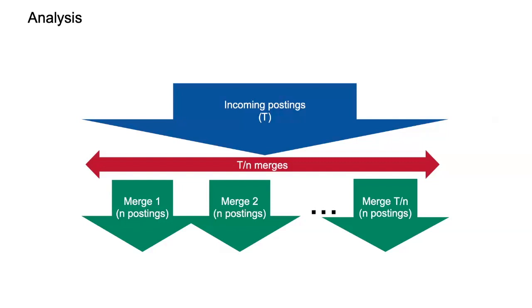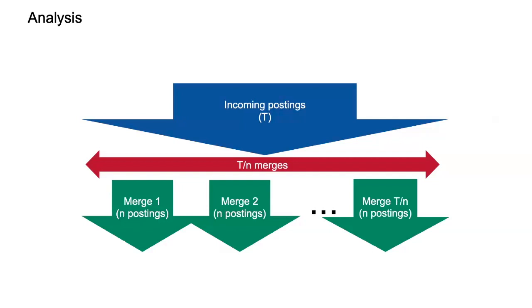If we call n, small n, not a standard notation, the size at which we decide to merge the auxiliary index, as soon as it has n tokens we merge it, then the number of times we merge is going to be T over n. N is the size when we merge. T over n is the number of times we are going to merge.